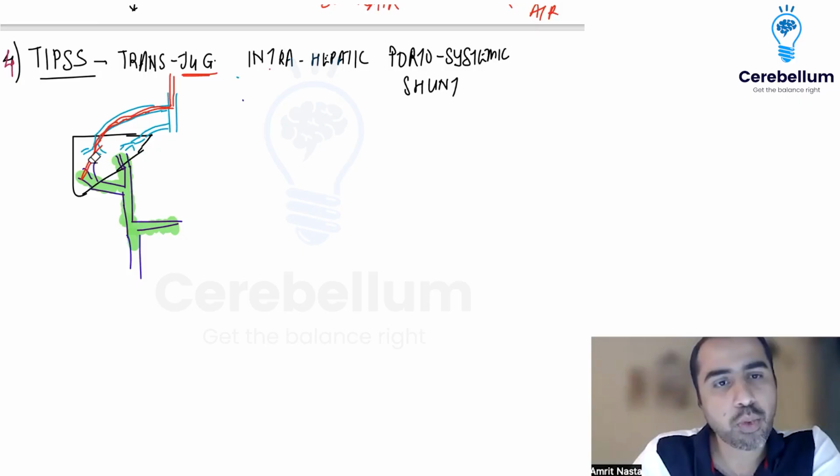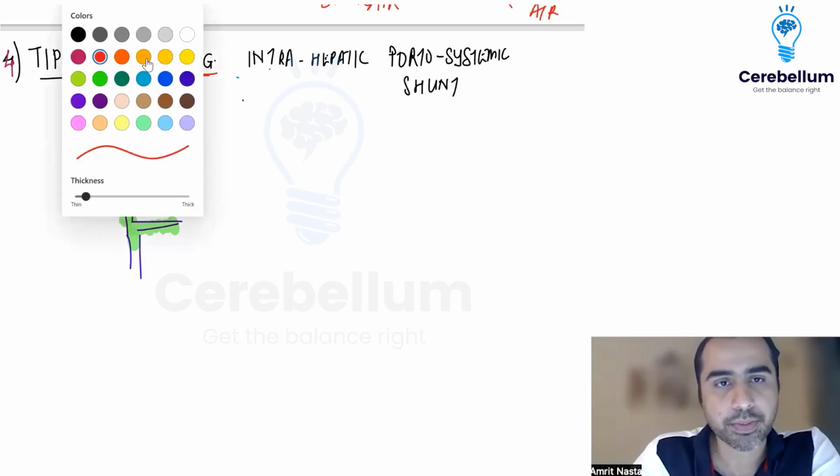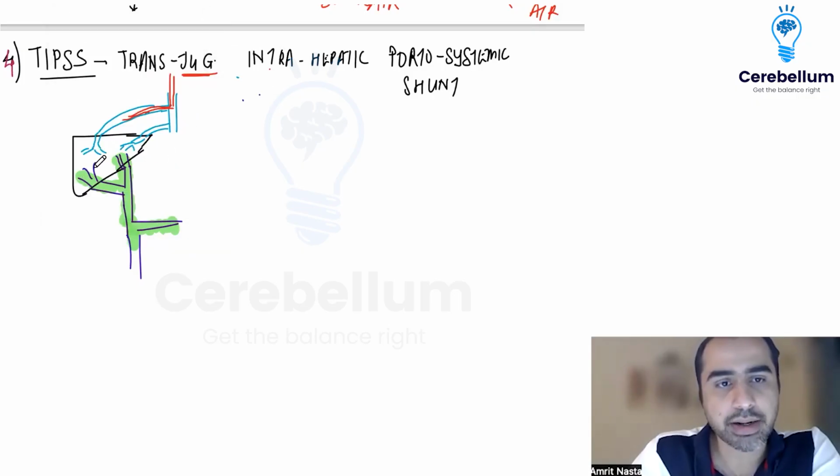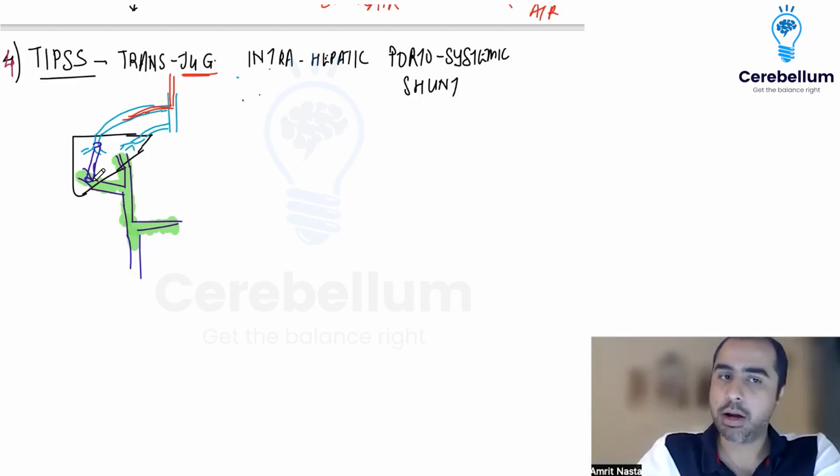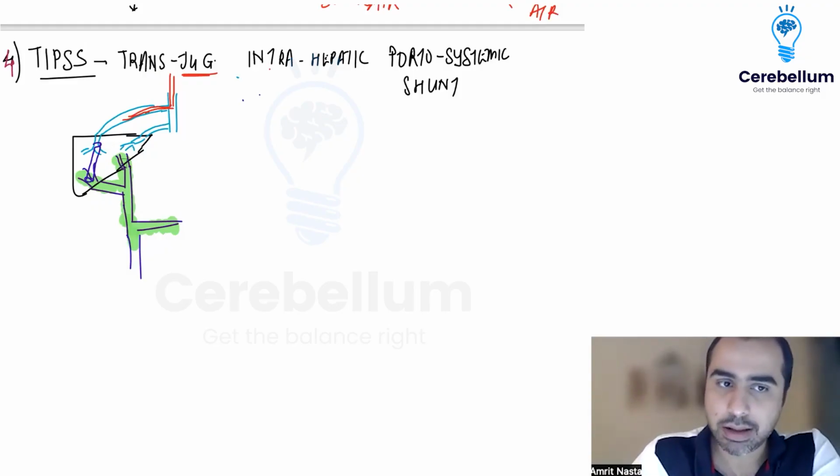Once I have entered the portal vein, I will put a stent. So here I will stent these two veins. Because I have put the stent, this blood will now go from the portal vein zoop into the hepatic vein.